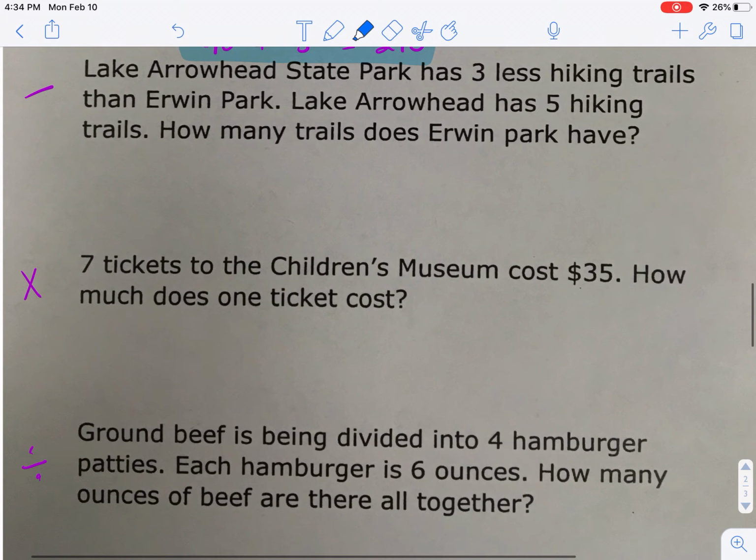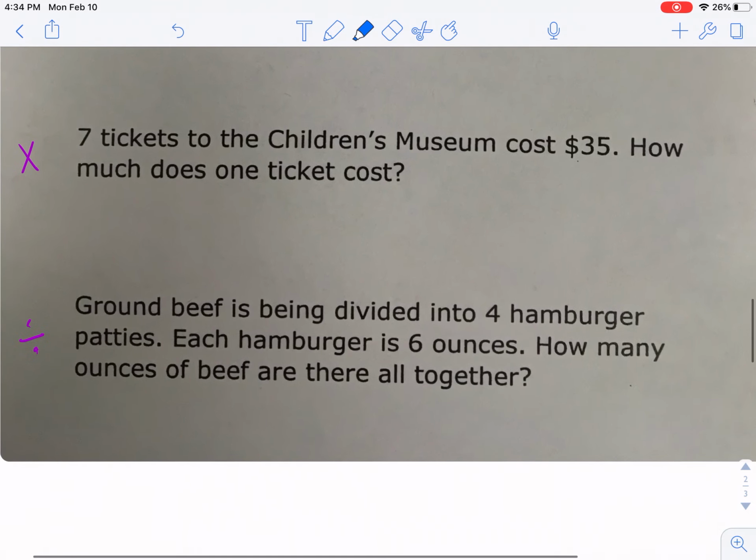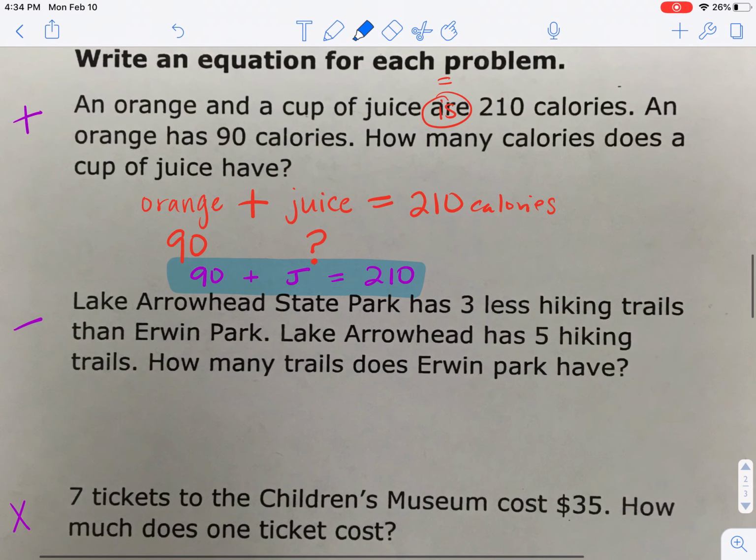On the next one, oh, well, do we want to solve it? Let's see. We totally can solve it, just because we can. Do you know what 90 plus what number equals 210? I actually don't know off the top of my head, so I'm going to have to do some subtraction over here to see if I can figure this out. 11 minus 9 is 2.